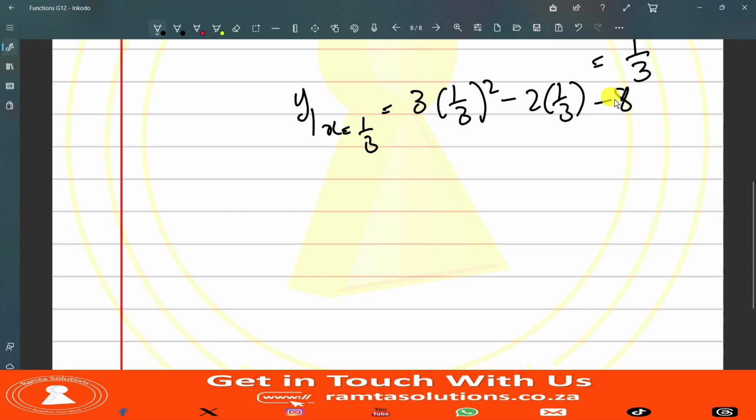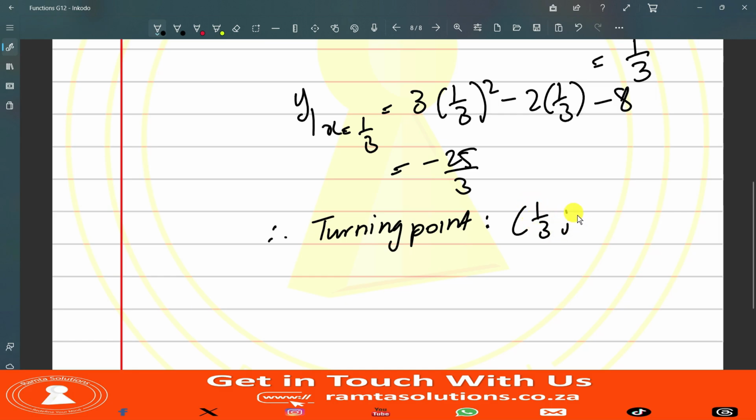Let's see. 3 into (1 over 3) squared, minus 2 into 1 over 3, minus 8. What do we get? So here we got negative 25 over 3. Therefore, the turning point here is 1 over 3 and negative 25 over 3.